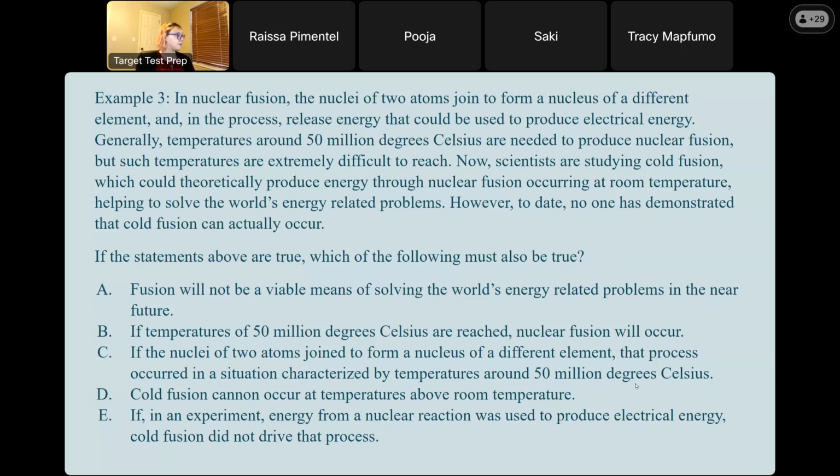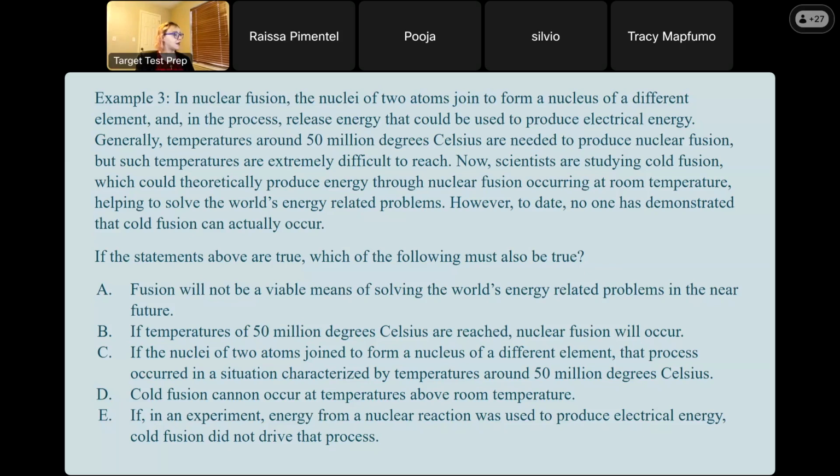E, if in an experiment, energy from a nuclear reaction was used to produce electrical energy, cold fusion did not drive that process. So this one I like better, because when you do a scientific experiment and you're writing out your hypothesis, the trick to writing a hypothesis is that you have to write your hypothesis and then you have to write your null hypothesis, and they together have to encompass all potential eventualities.